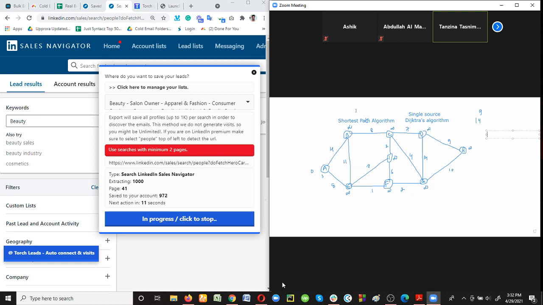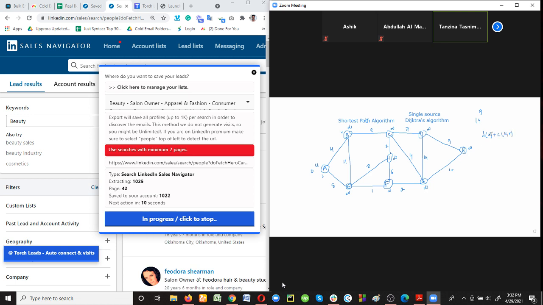Suppose we are finding the distance between this node A and this node B. So we can assign U and V here. Suppose the starting node is U and the end node is V. So the equation will be D of U plus the cost of, that is C, U and V.